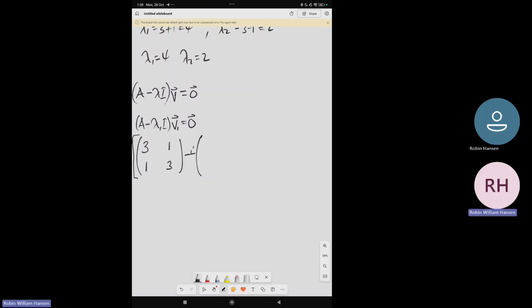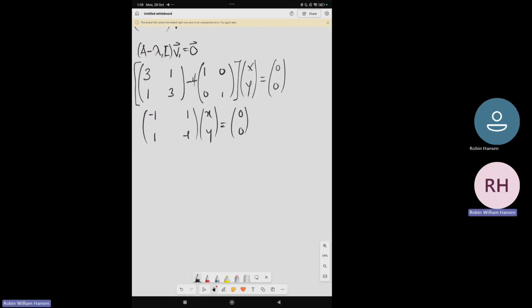Remember, this is the identity matrix, 4 multiplied by x and y is equal to our 0 vector. So we have in all 3 minus 4 will give us minus 1, 1 plus 0 which is 1, and 1, and then 3 minus 4 again, minus 1, times x and y is equal to our 0 vector.